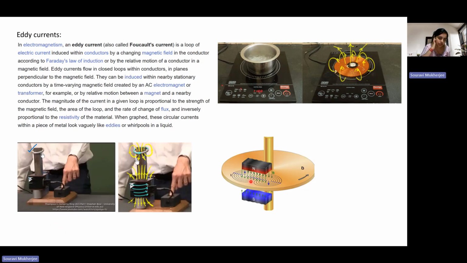This is the concept that comes up as an application in eddy current brakes or electromagnetic brakes, which work on the same idea of how Lenz's law and induced currents are used when you have conductors in the presence of changing magnetic fields.